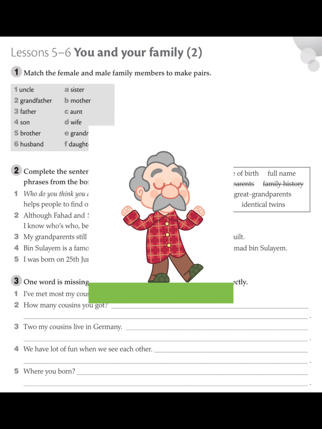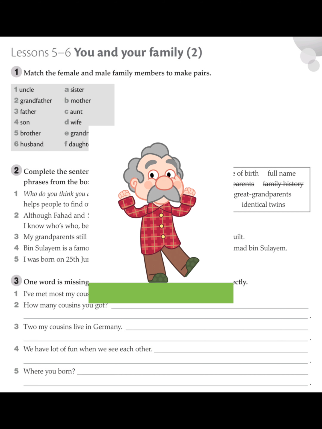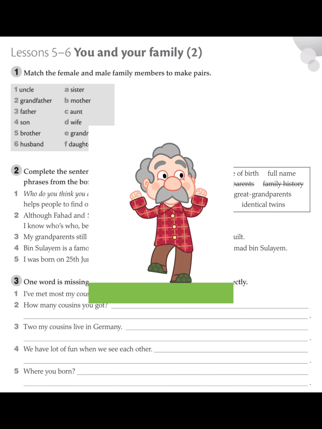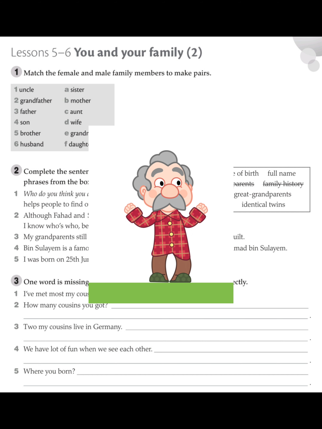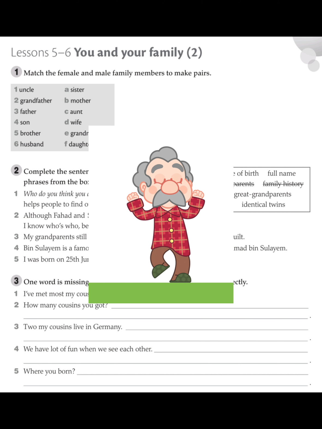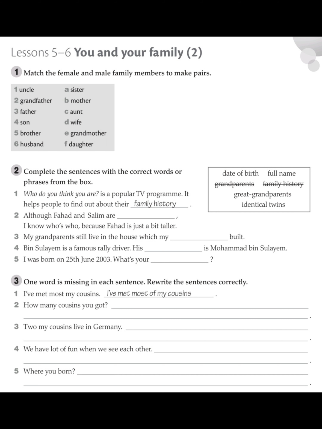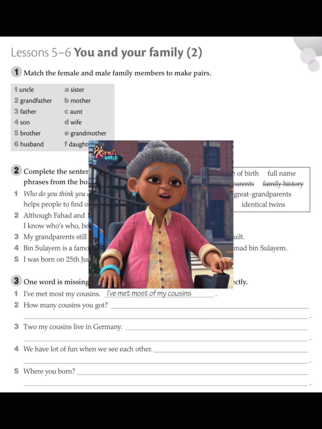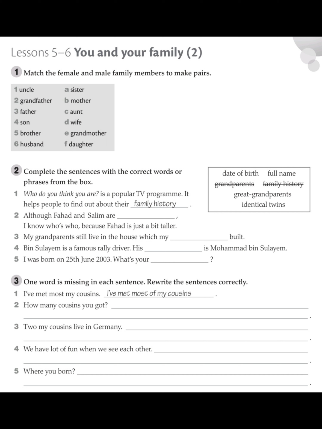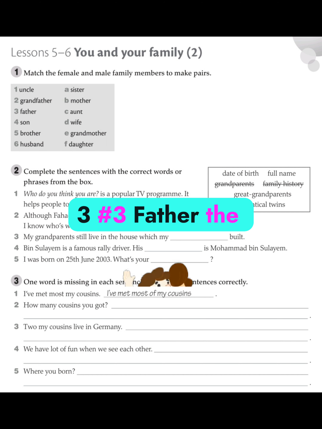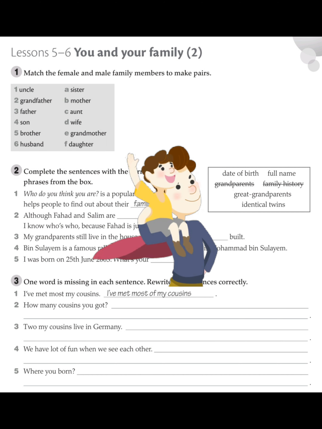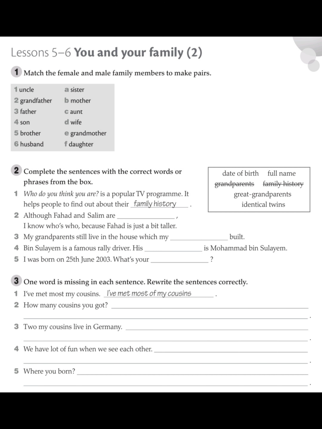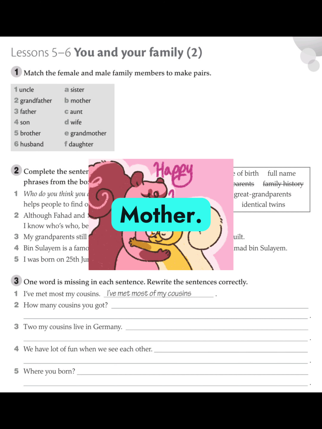The match is grandmother. Number 3. Father. The female match is mother.